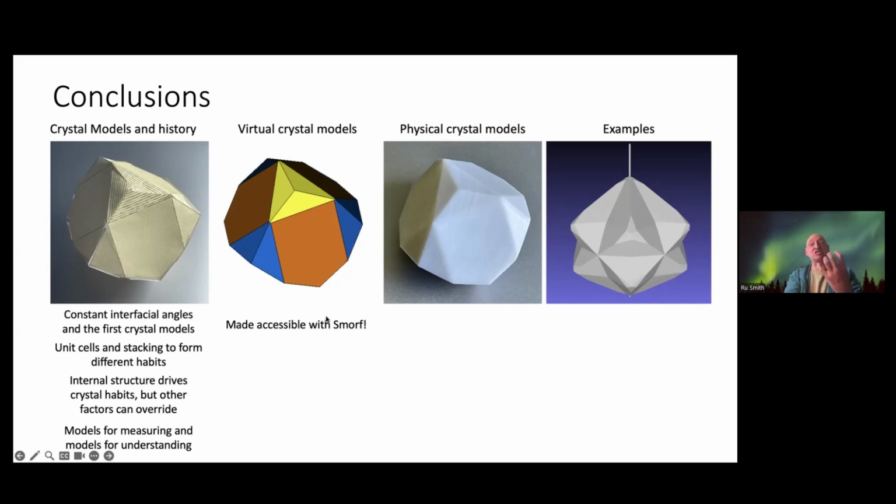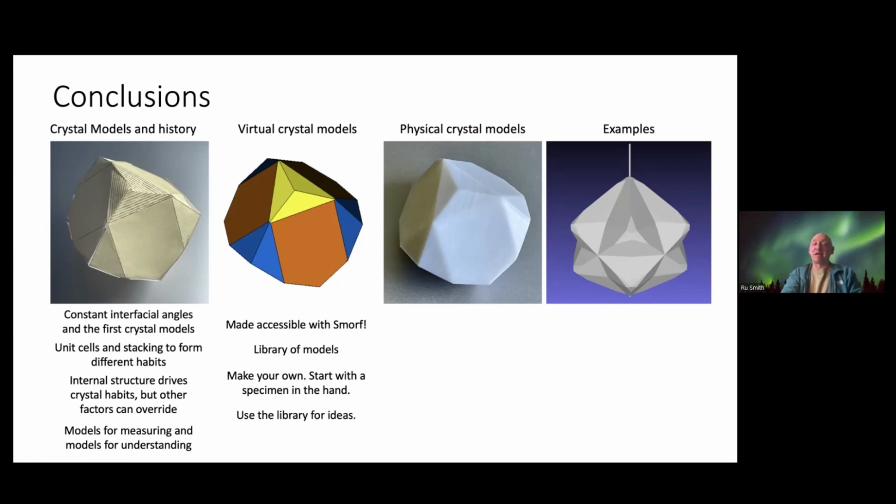And like I was suggesting, start with a specimen that you're curious about, that you really enjoy. And Mark has got a library of models in there to browse. You can make your own. Again, that recommendation, start with a specimen in hand. And if it gets a bit confusing, go back to the library for ideas.